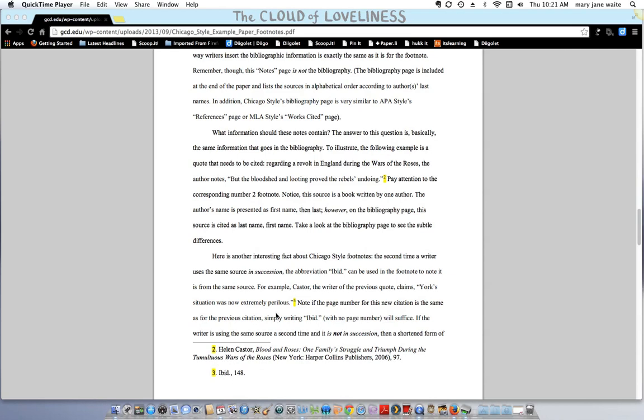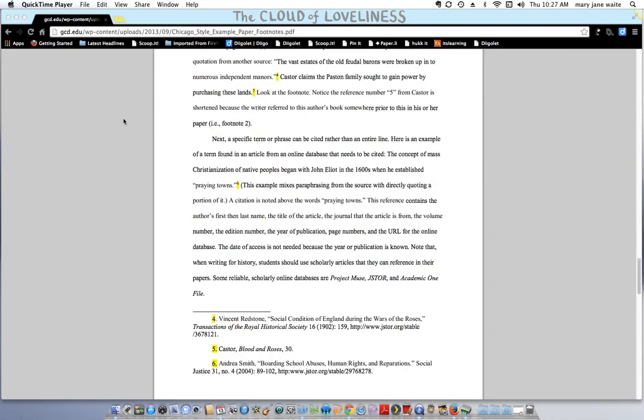So we know that footnote number 3 is the same author, the same source, the book, the same publishing information. The only difference is the page that it came from. So that is page 148.